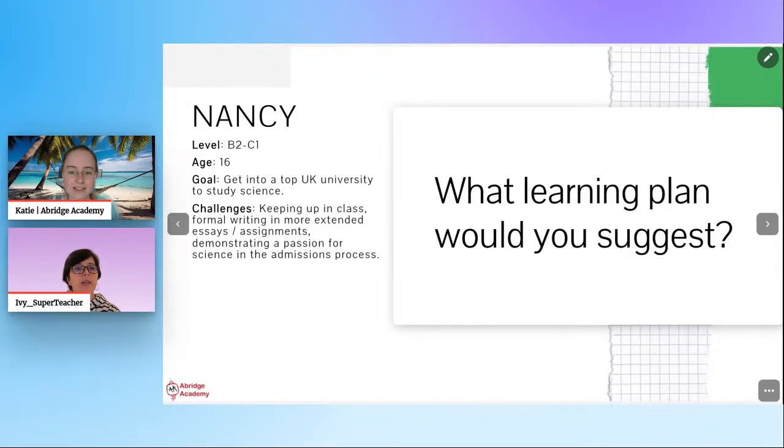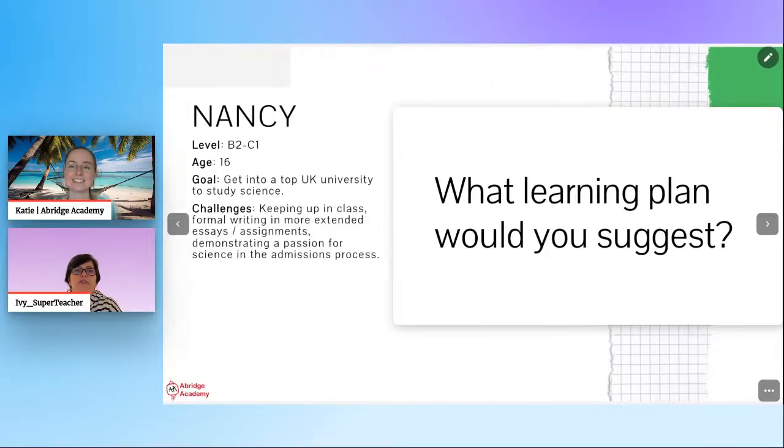When I think more, I think I would definitely run lots of simulations with her. So if she's struggling demonstrating a passion for science in the admission process, I would definitely start with something she really enjoys and just has fun with.